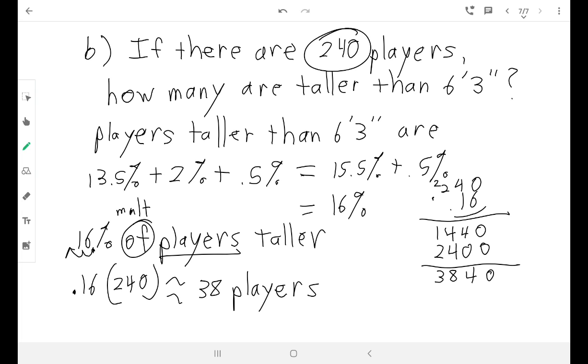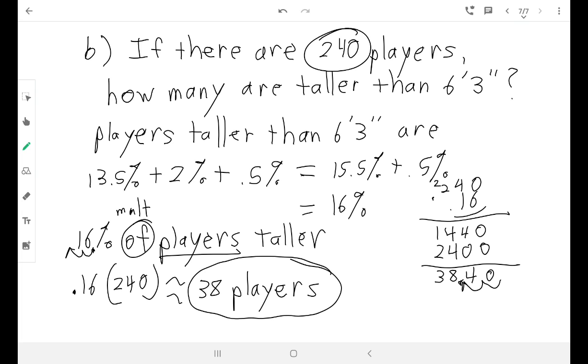Two decimal places there, so you actually get 38.4, but we're going to round that down to 38 players. So assuming that we have 240 players overall, only 38 of them are taller than 6'3".